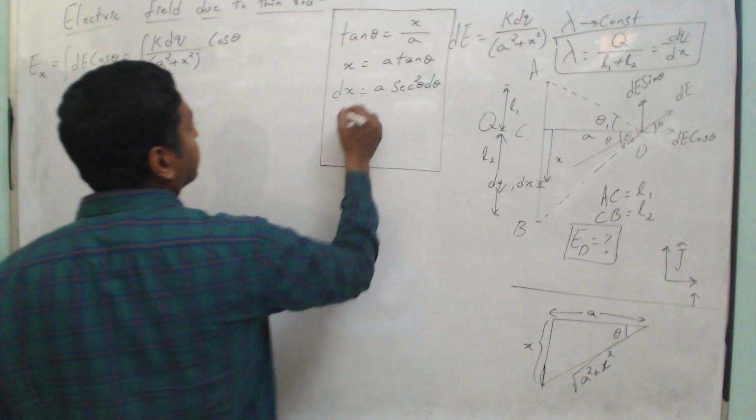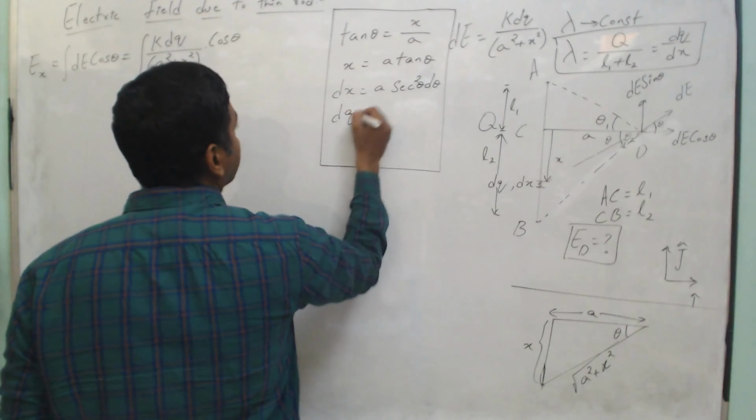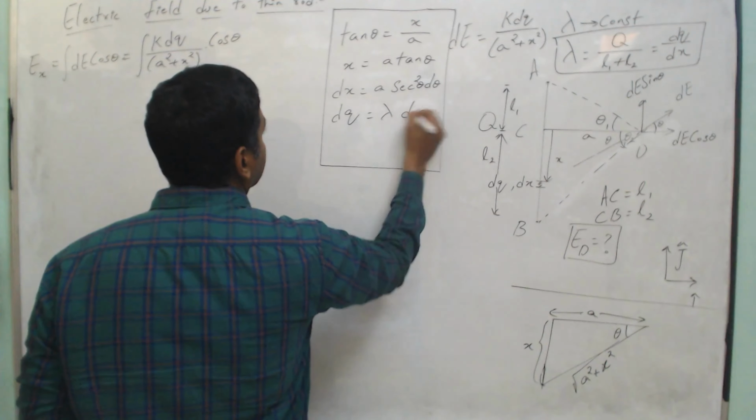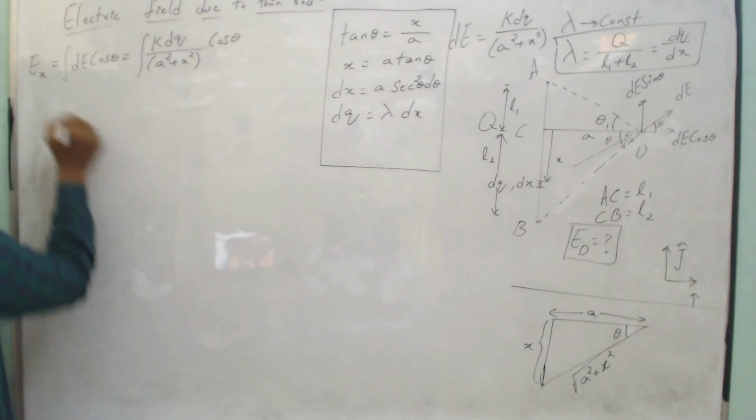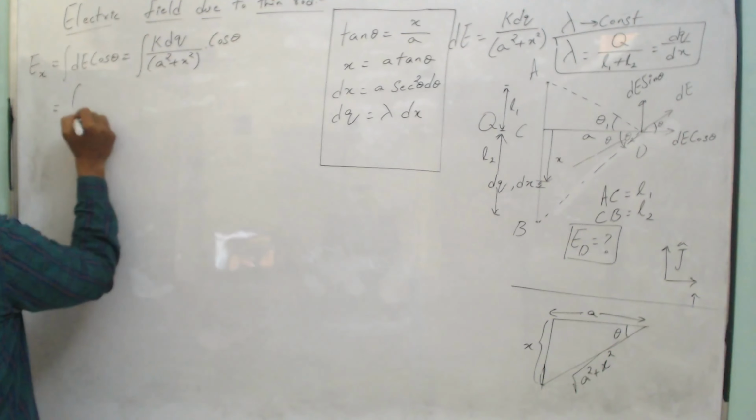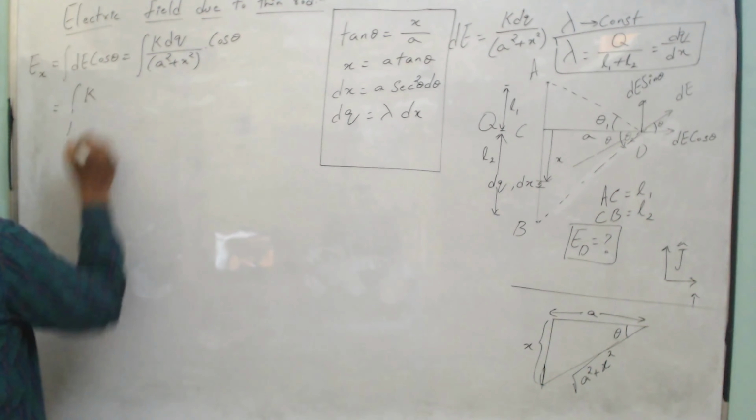Also we have dq is equal to lambda dx. Correct? So after substitution, what will this entire thing become?